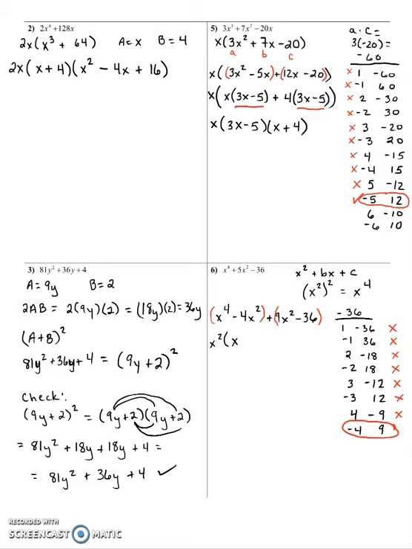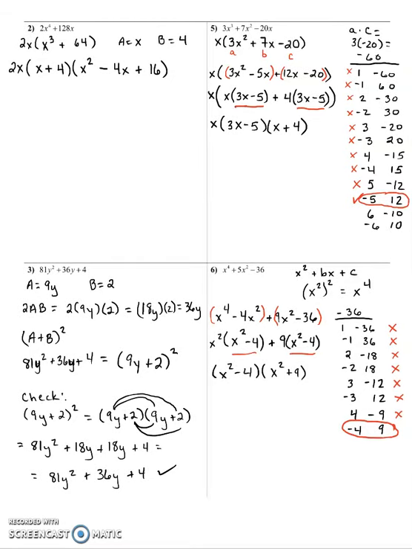That gives us x squared minus 4. 9x squared minus 36, we can take a 9 out of, which gives us an x squared minus 4. Now that we have two x squared minus 4s, we can factor them out. So x squared minus 4 times x squared plus 9.